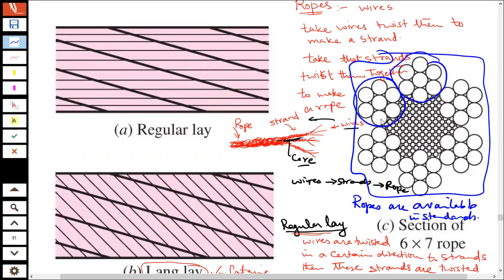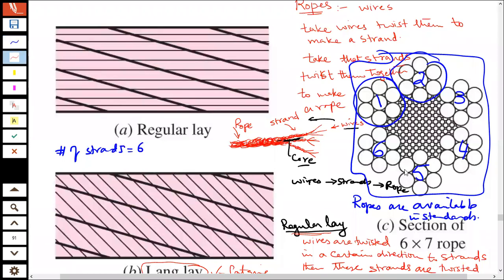So, how many strands do we have in here? 1, 2, 3, 4, 5, 6. So, number of strands is 6. Now, in each strand, how many wires do we have?